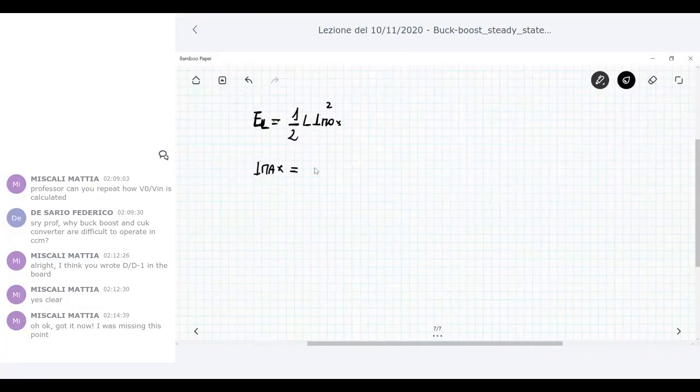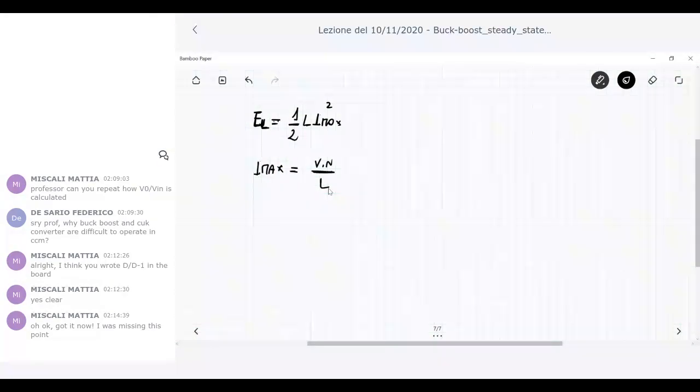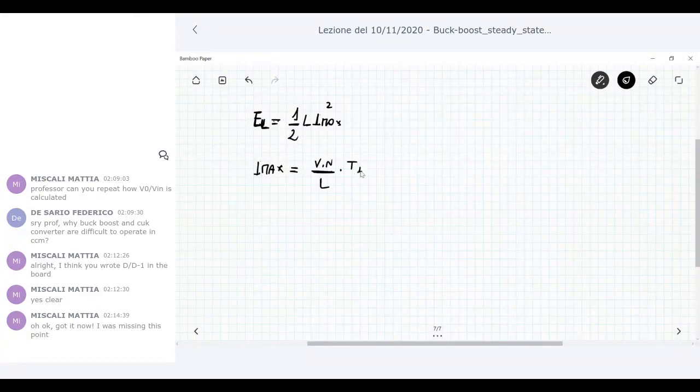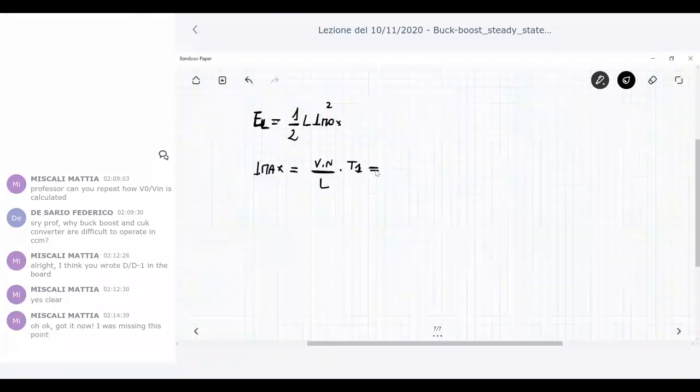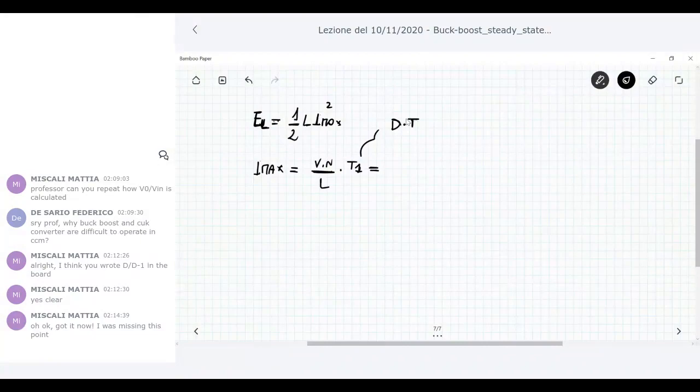It's very slow this morning to write. So V in over L, which is the slope, multiplied by T1, gives the peak value. Remember that T1 is given by the duty cycle multiplied by Ts. So we get V in over L times the duty cycle, divided by Fs if you want to speak in terms of frequency.